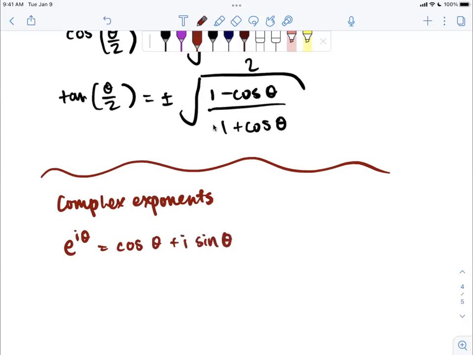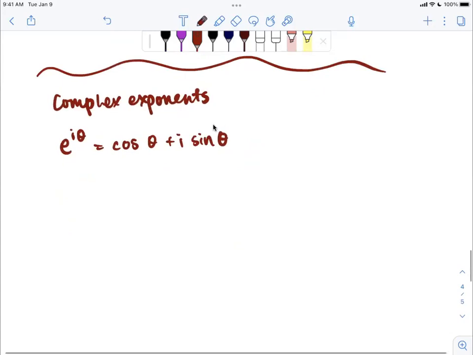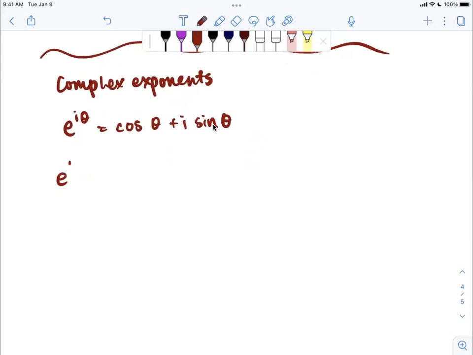So basically, you can define a complex exponent, e to the i theta, to be cosine theta plus i sine theta. This is just a definition. But the really cool thing with this is that the laws of exponents work exactly as you would expect them to. So for example, e to the i a times e to the i b is equal to e to the i (a plus b). And you can expand this on both sides.